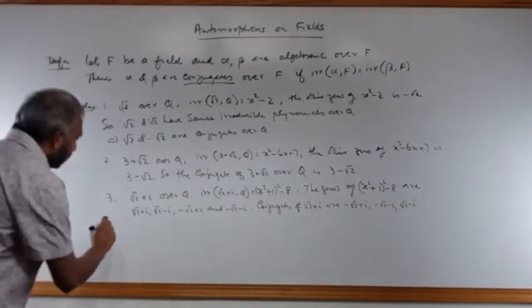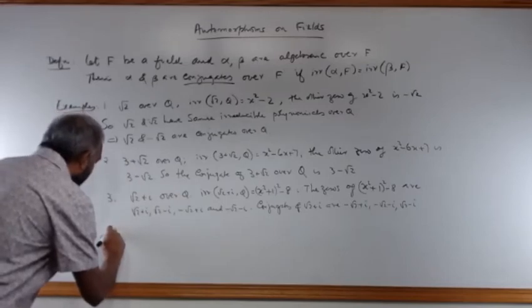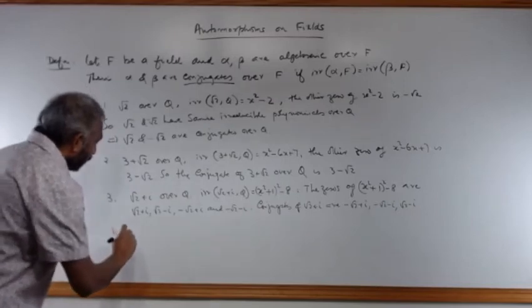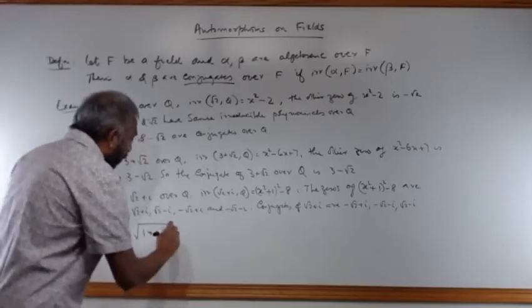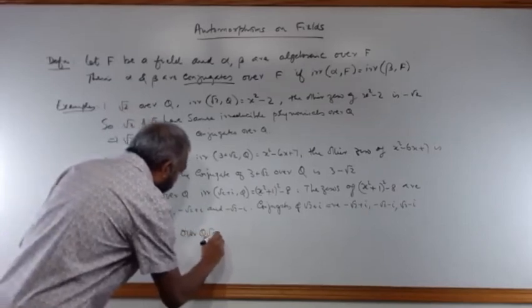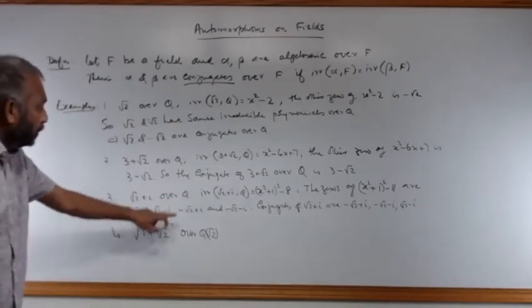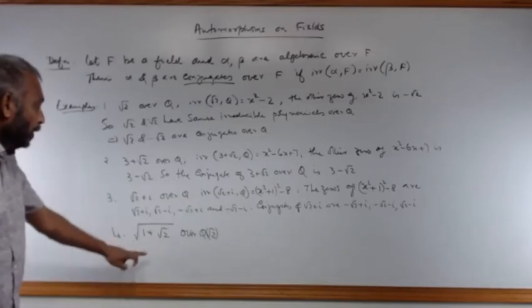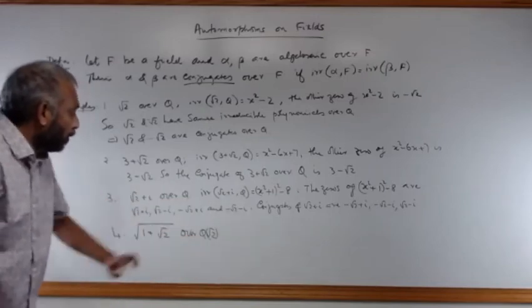We'll do one more, which is a little bit different than this. Let's take the square root of 1 plus root 2. I'm going to do it over Q(root 2), not just Q. So the polynomial is not actually over Q. The irreducible polynomial is over Q of root 2.